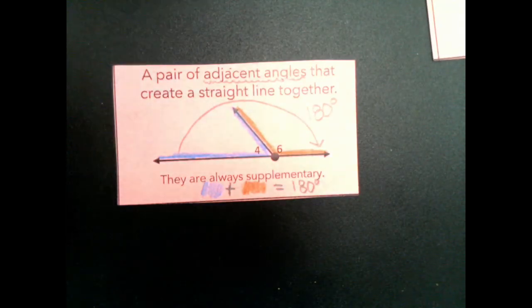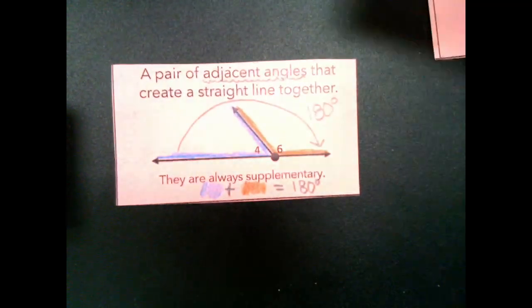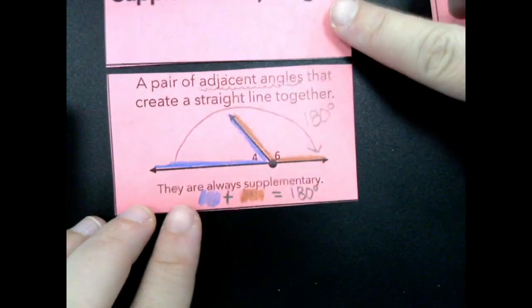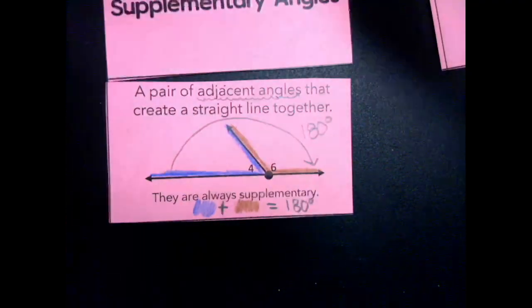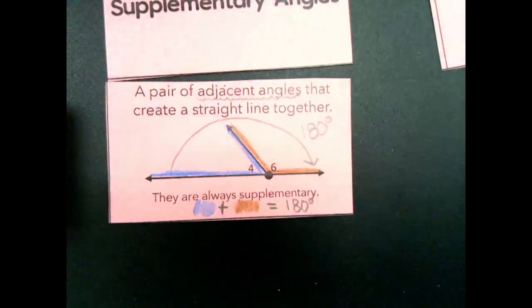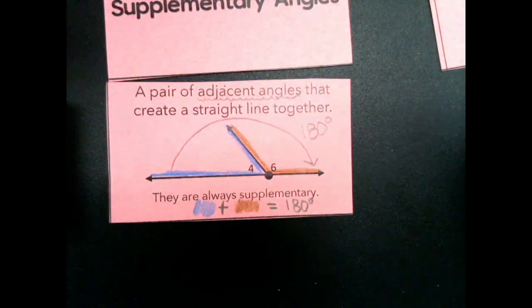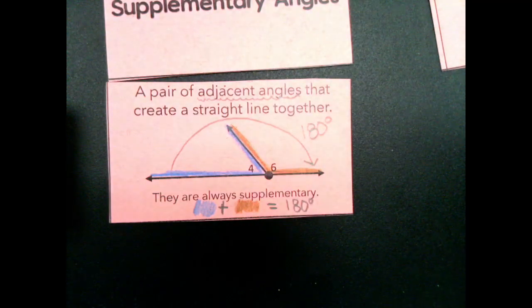All right, so let's go to supplementary since this one ended in supplementary. So supplementary means that we have two angles that add up to 180. That's all it means.